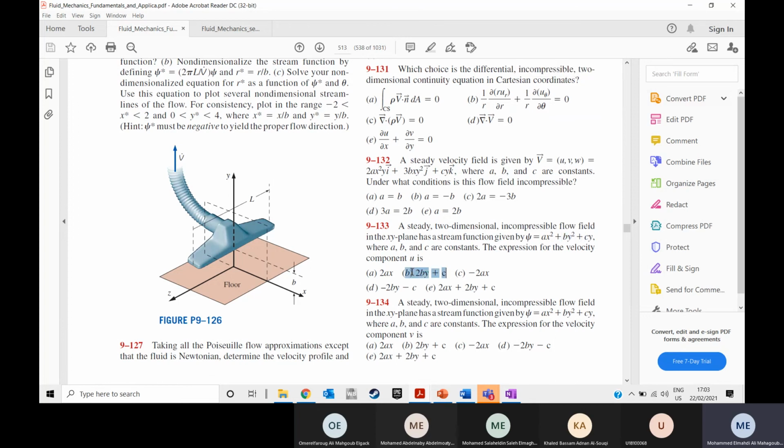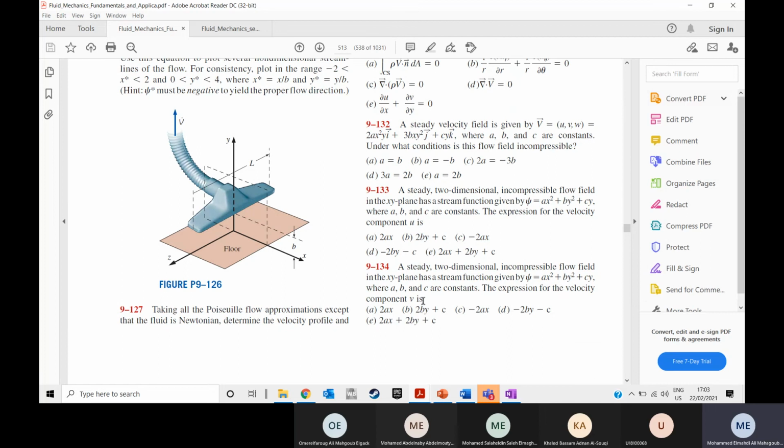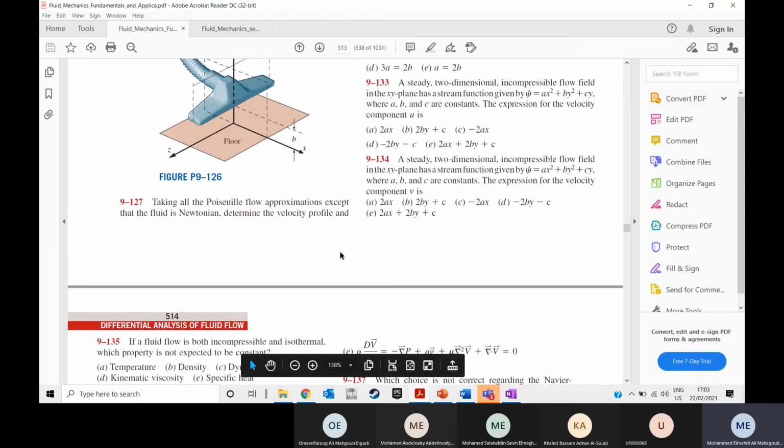So 2by plus c. And for v, it's the opposite, partial psi by partial x, and don't forget the negative. So it is going to be negative 2ax. Careful, don't choose the positive one, because the equation already has a negative.